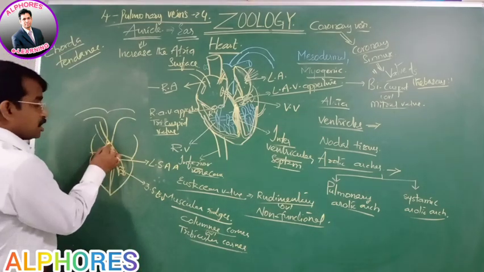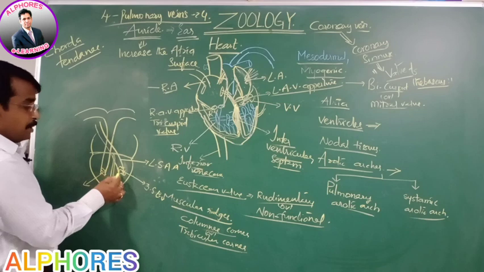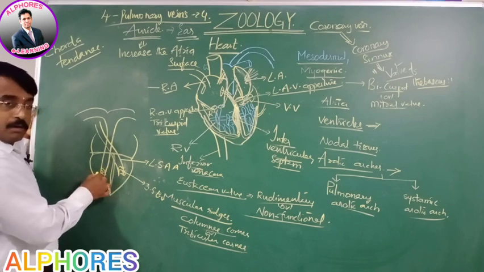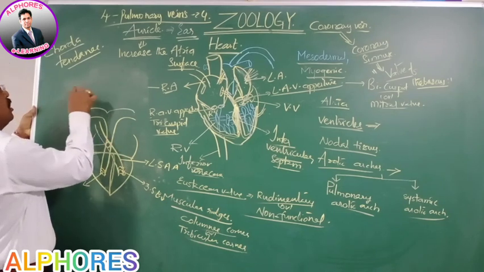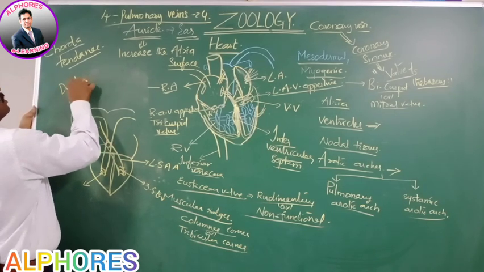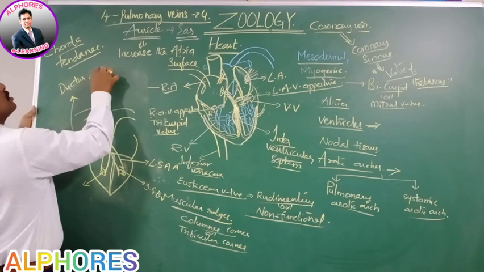Embryonically, at the junction between the pulmonary aortic arch and the left systemic arch, there is a blood vessel named the ductus arteriosus, or ductus aorticus.